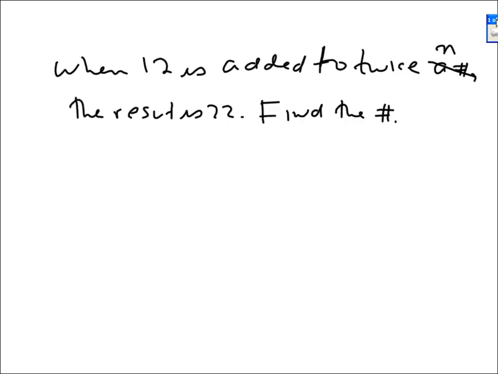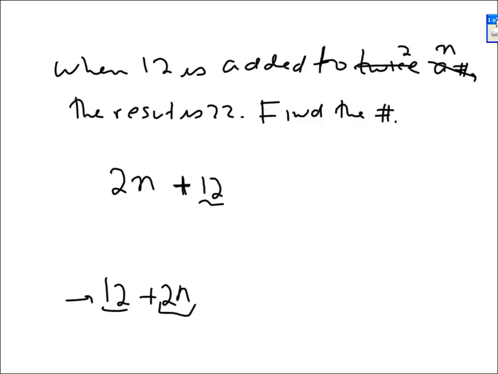Twice n. That means 2 times. Twice means 2 times. So it says when 12 is added to 2n. There is 2n. Look what I'm doing. I'm adding 12 to it. 12 is added to 2n. I am not adding 12 to 2n down here. I am adding 2n to 12.